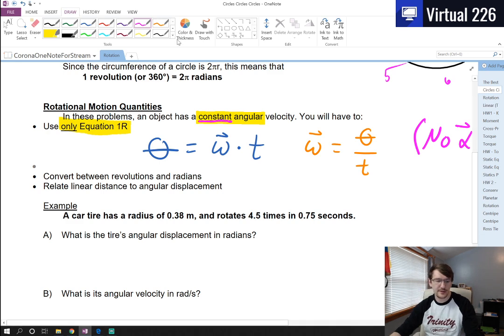So some of the skills that we need to be able to do in looking at these is we need to be able to convert between revolutions and radians. So if you had 2 revolutions, how many radians have you gone? And then how can you relate your linear distance to an angular displacement and vice versa?